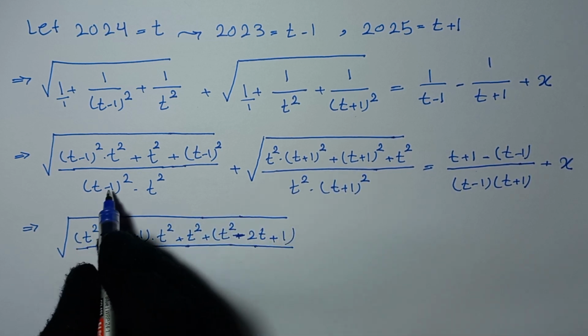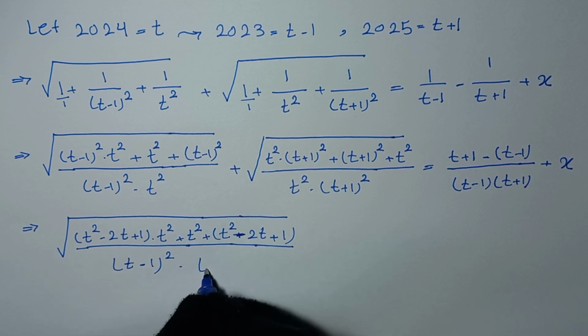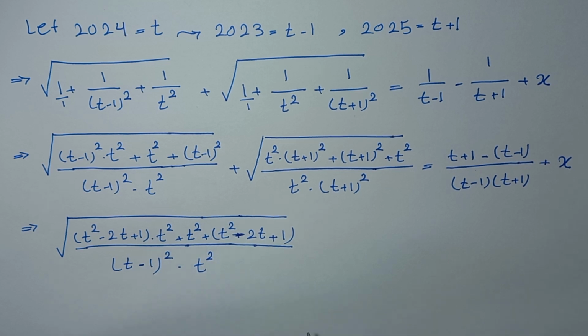Over t minus 1 to power of 2 times t squared.